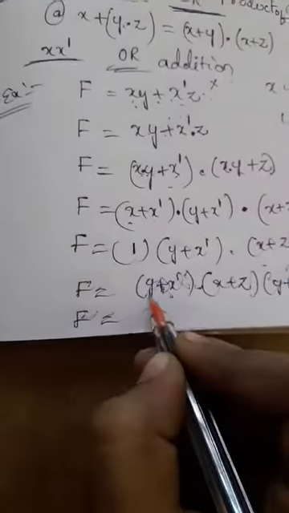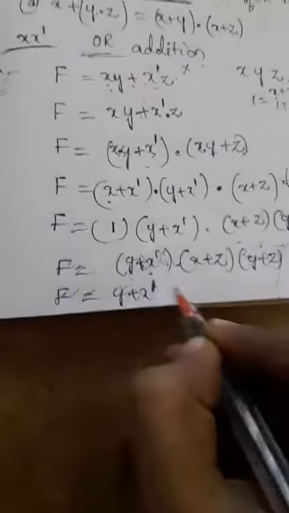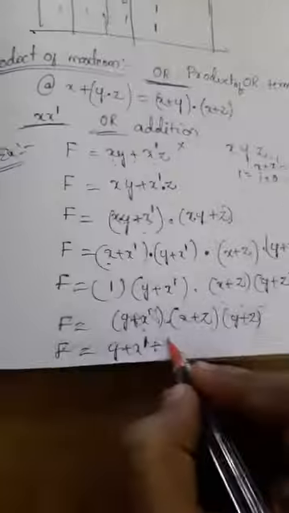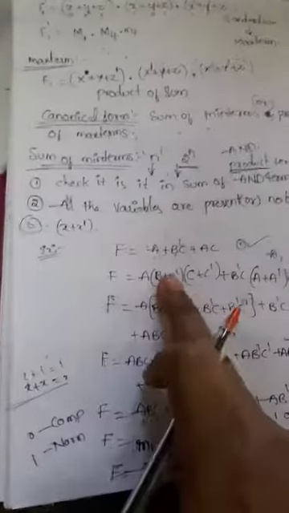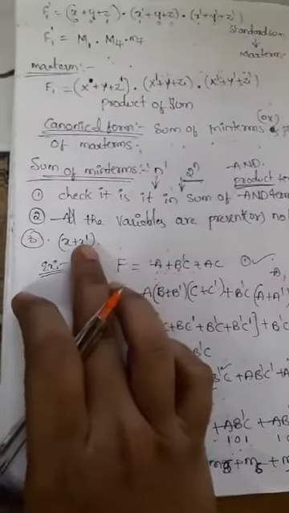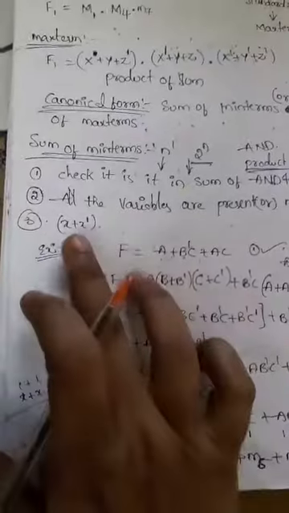So f is equal to y plus x complement plus, and z is not there, so I can go for this logic, z into z complement. Here also one variable is missing in the sum of minterms. If any variable is missing, that variable can be ANDed with this logic.